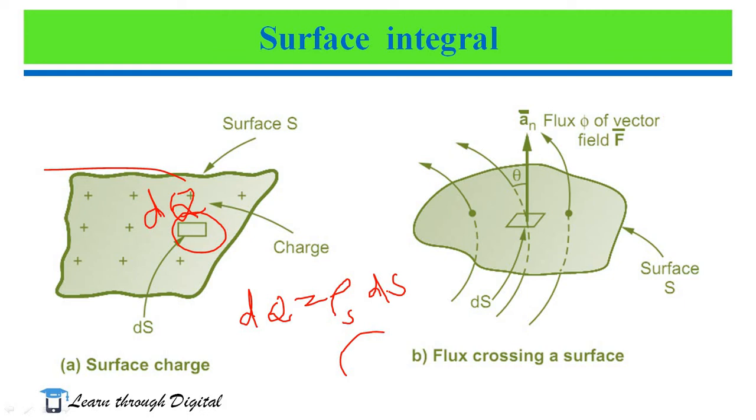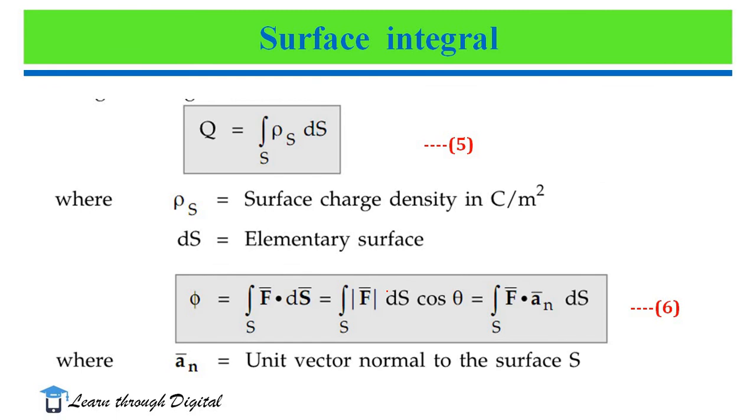With the help of the surface integral, we can calculate the total charge distribution. Q is equal to surface integral of rho s ds. For this case, surface integral is required.